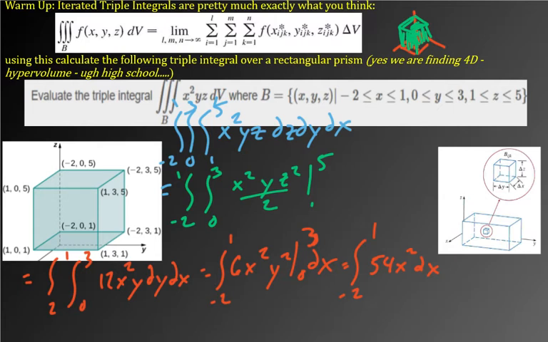And then the last one, x cubed over 3. And if you do that one out, running out of room very quickly, you're going to have 18x cubed from -2 to 1. And then that would be 18 plus 144, which is 162.